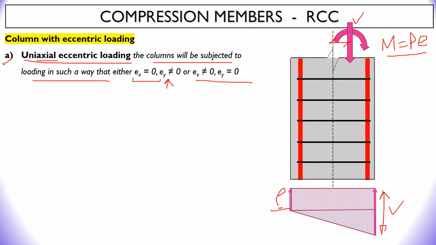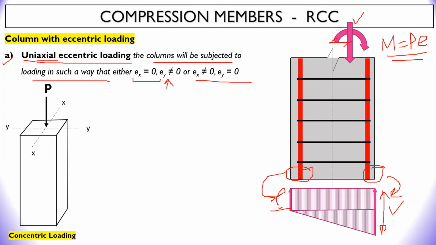When you design this portion, you have to design it for this much stress, and when you design the left side portion, you have to take that into consideration. So the eccentricity of the load provides some extra stresses due to the moment.